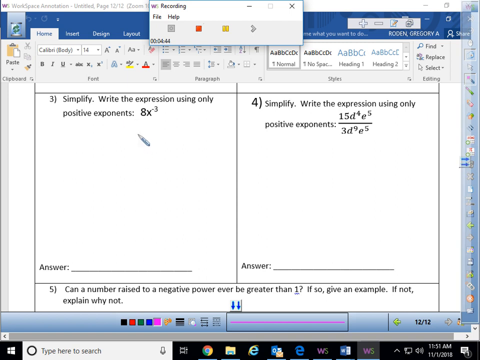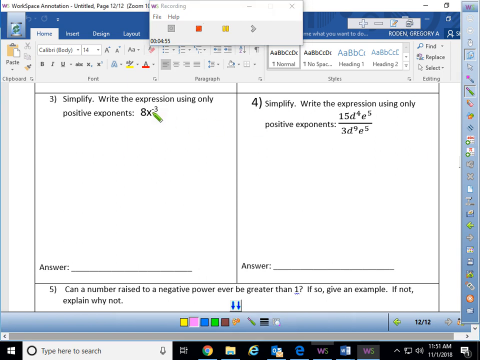Okay, on number 3, it's saying that we want to write using only positive exponents, so we don't want any of these negative exponents. Now, I'm looking at this thing, and I'm noticing this negative 3 exponent is only connected to the x because there's not parentheses around the 8x.